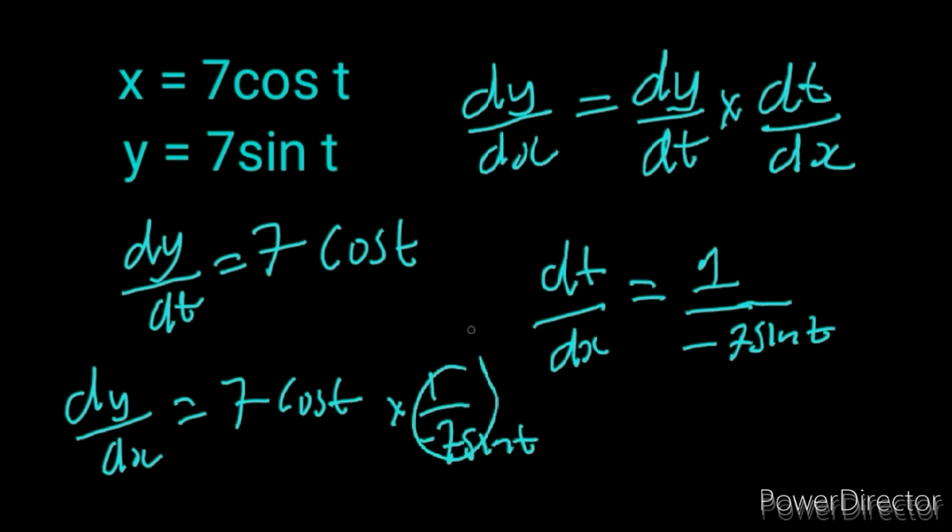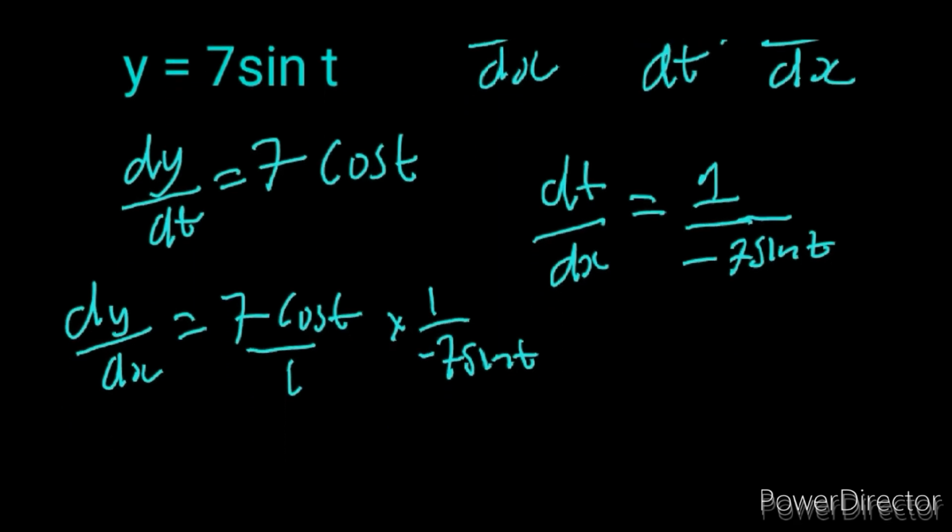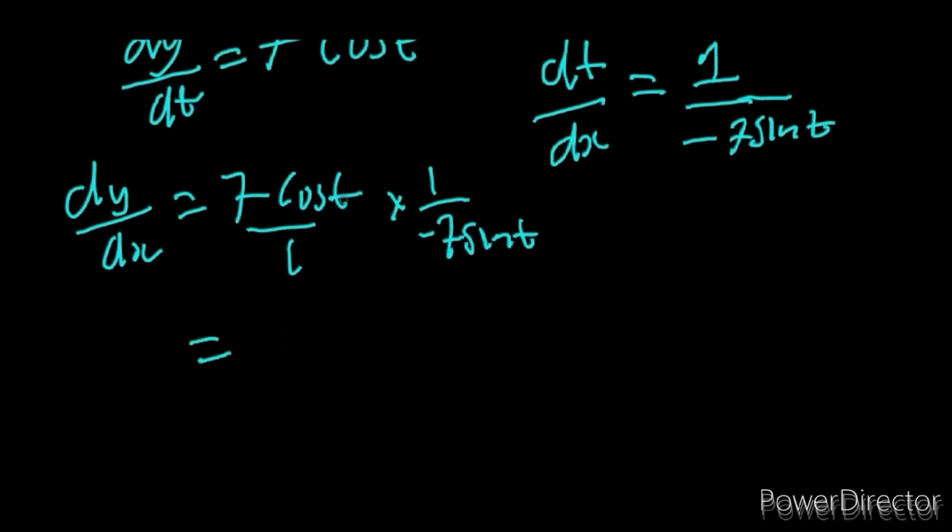Since we have a fraction here, this must also become a fraction so that we can multiply them. When you multiply fractions, 1 times 7 cos t gives us 7 cos t, and the bottom gives us negative 7 sine t.